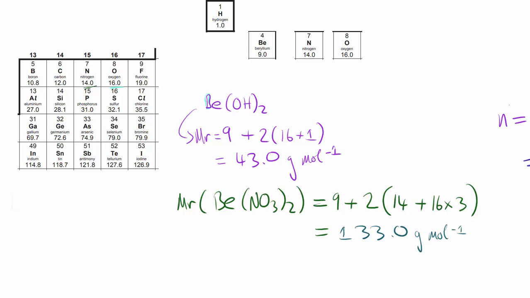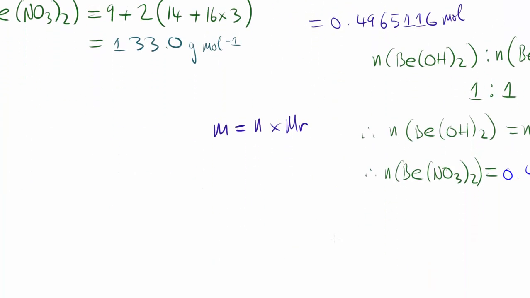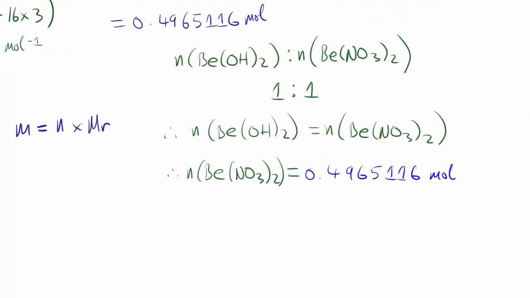Okay, so as we remember, the mass is the number of moles multiplied by the molar mass. We've got that the molar mass is 133. So what we can write at this stage is, therefore, the mass of Be(NO3)2 is equal to the molar mass multiplied by the moles.